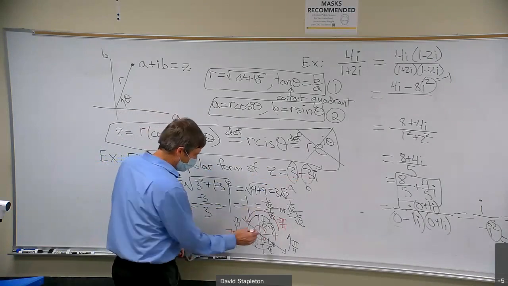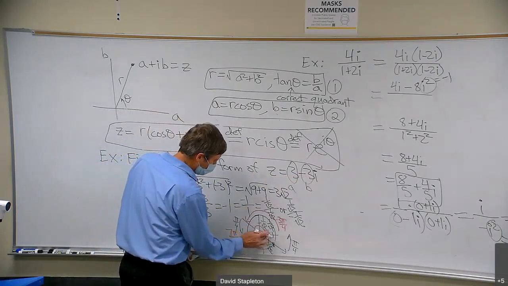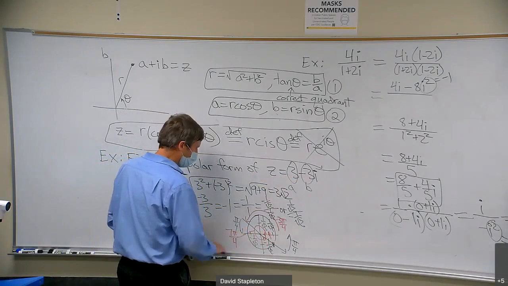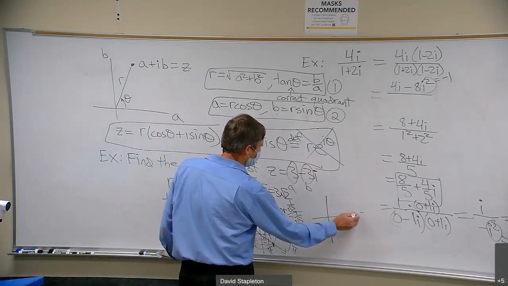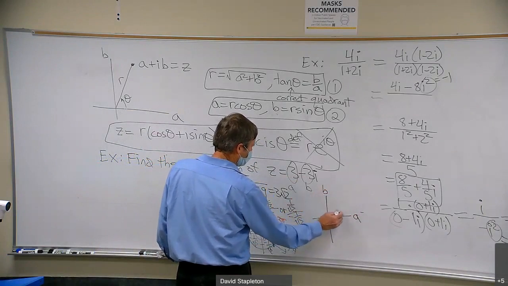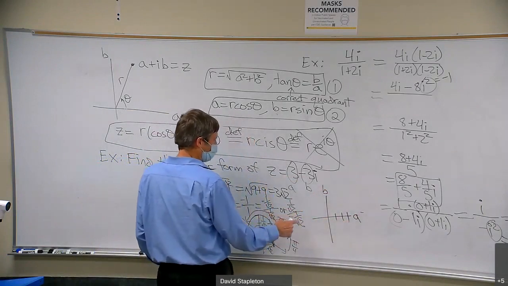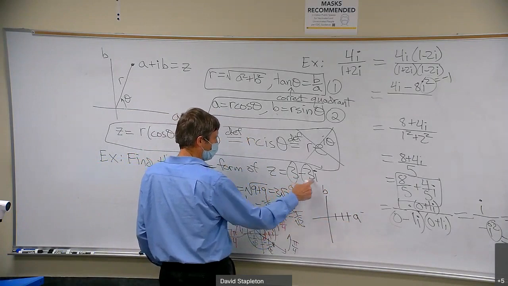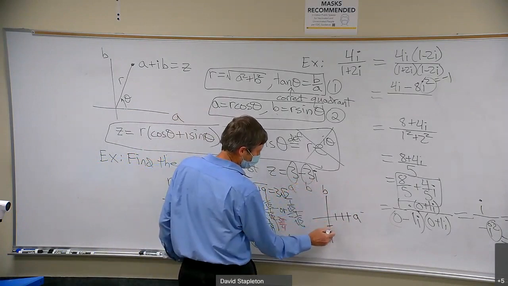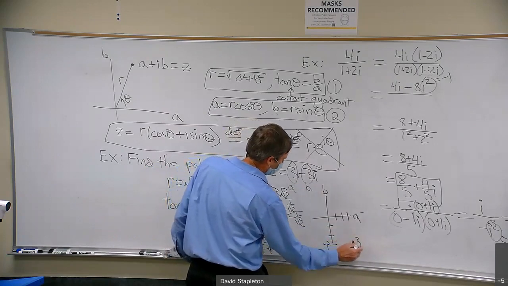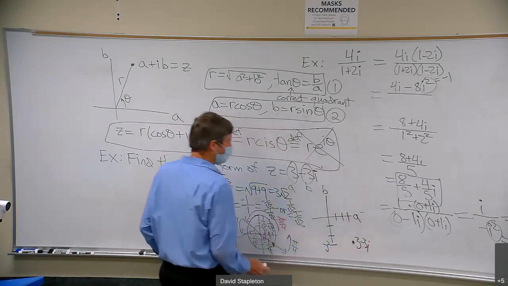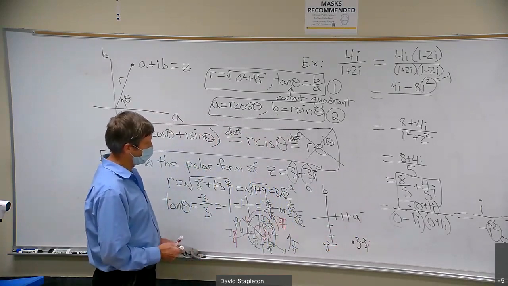So we plot it in the complex plane, a plus ib. We want over 1, 2, 3 in the a direction, a is 3, and minus 3 in the y direction, 1, 2, 3. And there's the point 3 minus 3i in the complex plane.